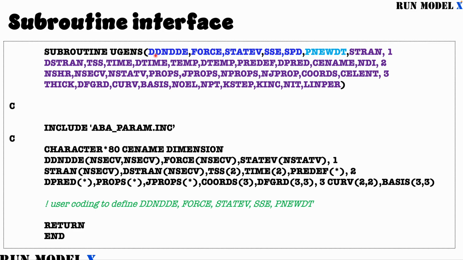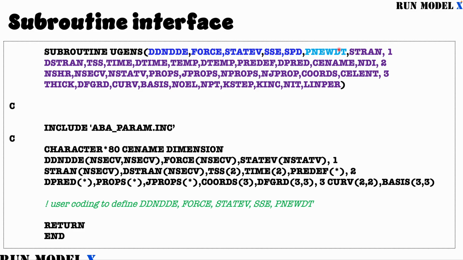For instance, here is DDNDDE, which is the gradient of the force resultants with respect to the strain, and FORCE, which includes the force resultants and moment resultants, and STATEV, SSE, and SPD. Generally, you have to define these first two variables, but maybe you don't need the others.